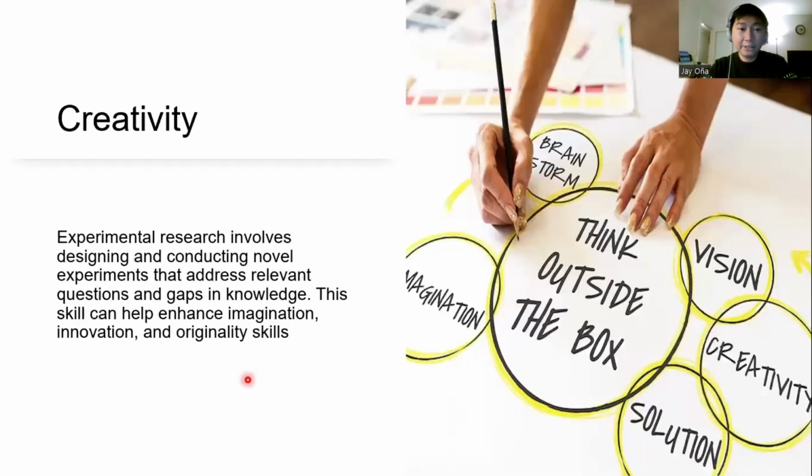And also creativity, because experimental research involves designing and conducting novel experiments and addressing relevant questions and gaps in knowledge. So, even in developing the research question or research idea, creativity already comes in.